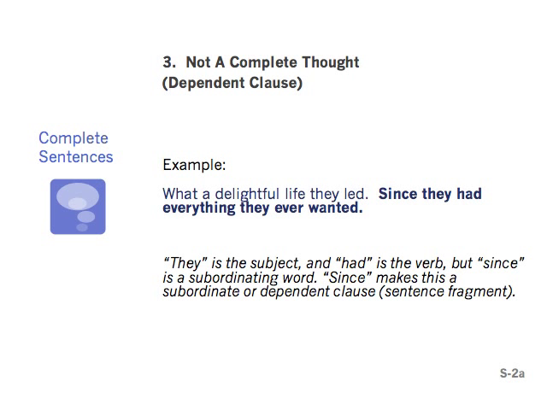But this subject-verb combination is preceded by since, a subordinating word which makes this a dependent clause, or a group of words that depends on a main clause or independent clause to form a complete sentence. A dependent clause on its own is a sentence fragment.